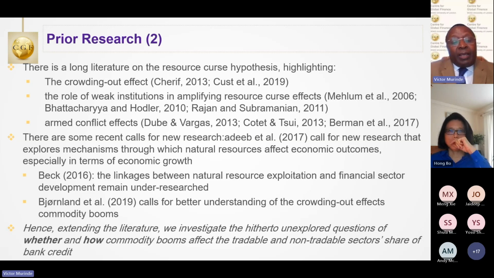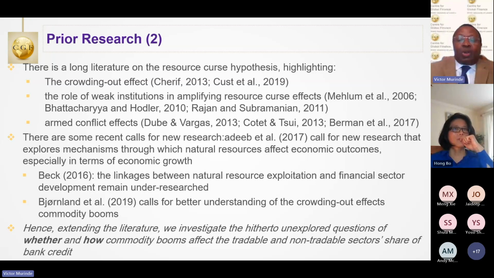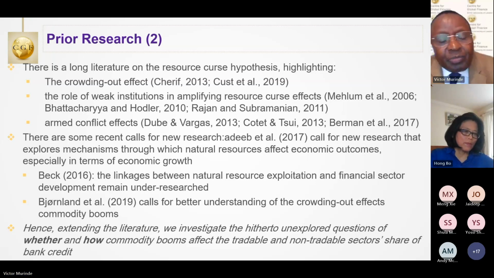But also the work by Joland in 2019 and others says there's a need for better understanding of crowding out effects and commodity booms, especially the heterogeneity in which the crowding out effects occur.